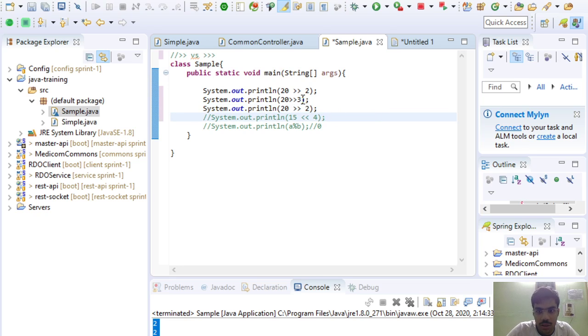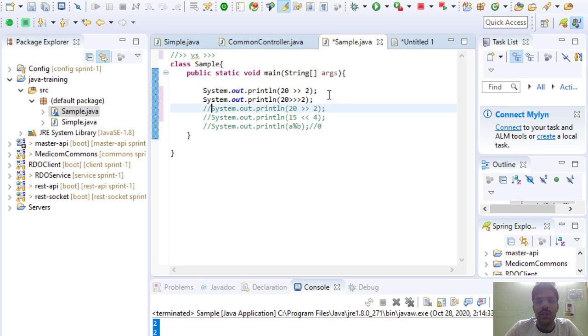Okay, let's see, 20. For a positive number, a very important point to remember, both are the same. What if the same operation is done on a negative number?